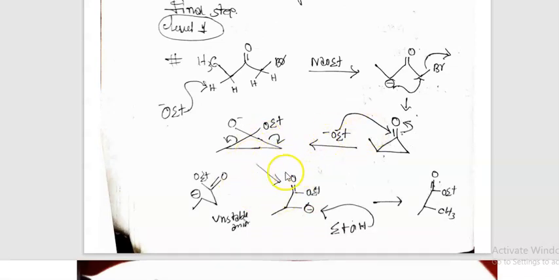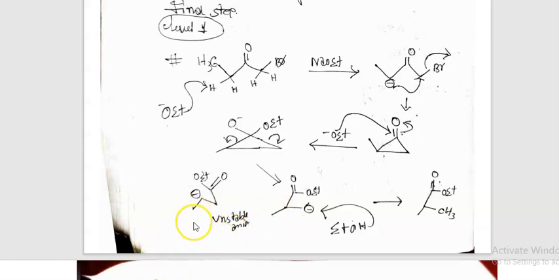So it is important on which side the ring will break. The ring will break on that side where it can form a stabilized structure. So if we break this ring from here, then an unstable anion forms. Why is it unstable?